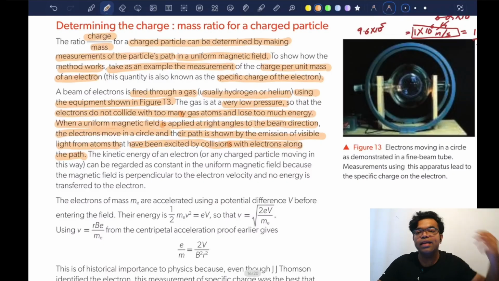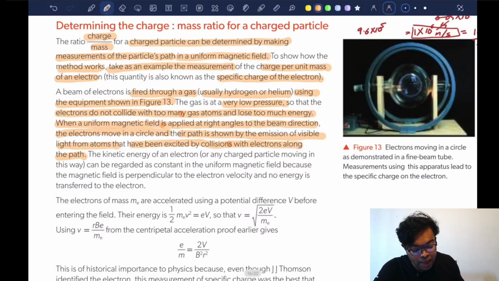It releases the excess energy in the form of light radiation, and that light radiation is visible to our naked eyes. So what can we see? We can actually see the pathway taken by the electron. We cannot physically see the electron, but we do see the light that is being emitted by the collision of an electron with a helium atom. Therefore we are able to see the radius of the electron. We can now measure the radius of the electron. That's how we do it.